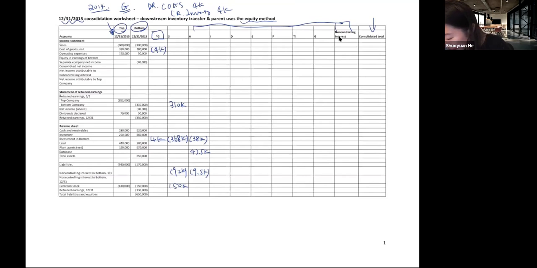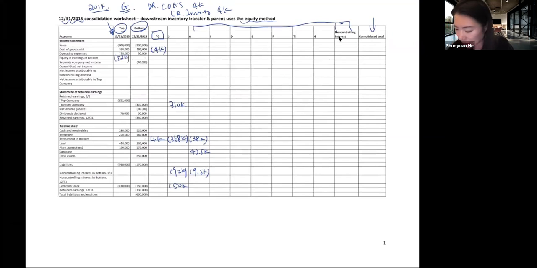So as we can see here, parent, so this blank page, I haven't filled in the parent book yet. So let's just move what we get from your last class, what we finished in your last class, to the first column in this page. Equity in subsidiary earnings is 52,000.